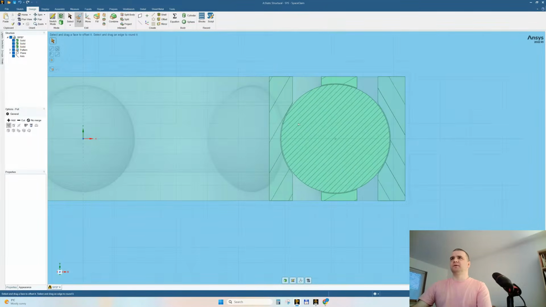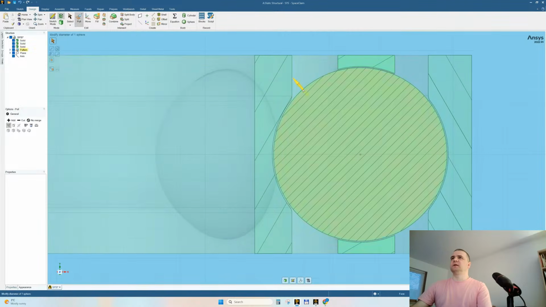What we do now, in order not to change all the cutouts on all the grooves, let's change the diameter of the sphere. Maybe 3.55, and hopefully it will change in the entire pattern.